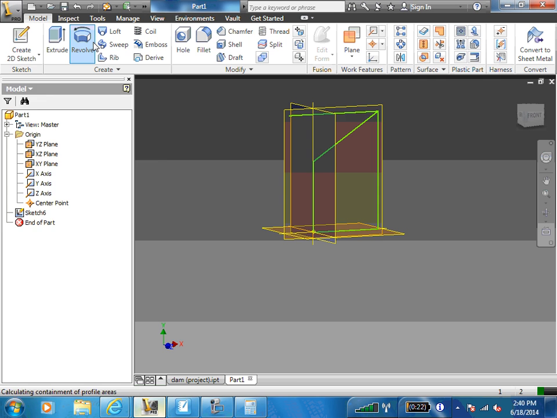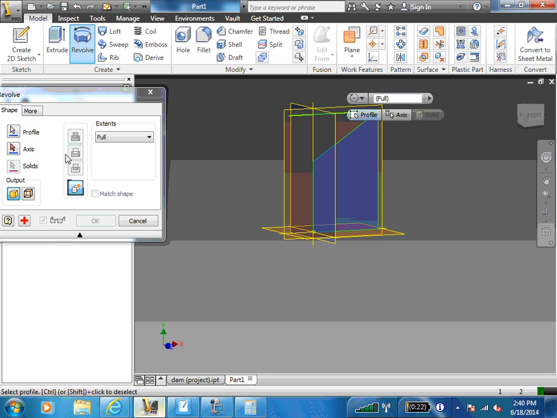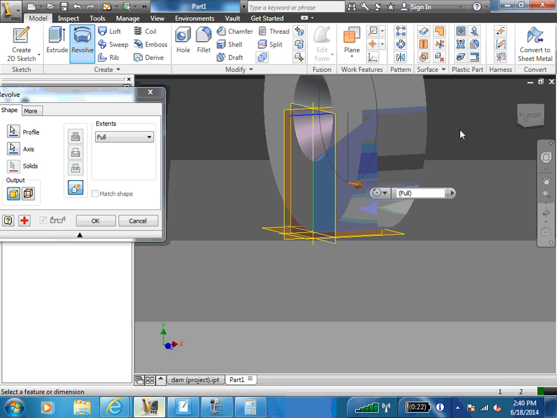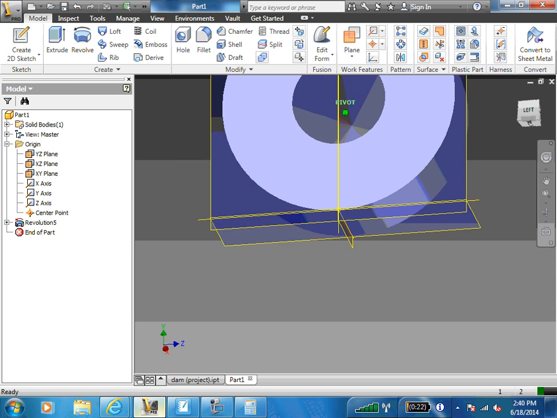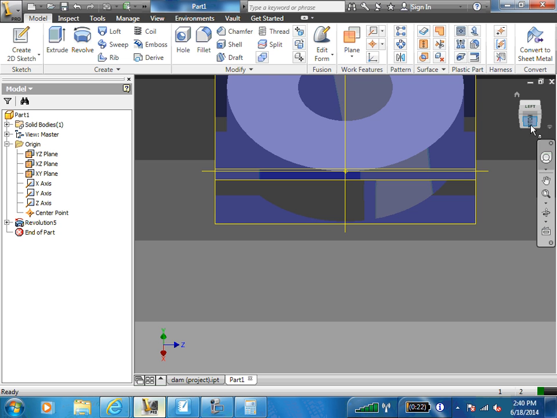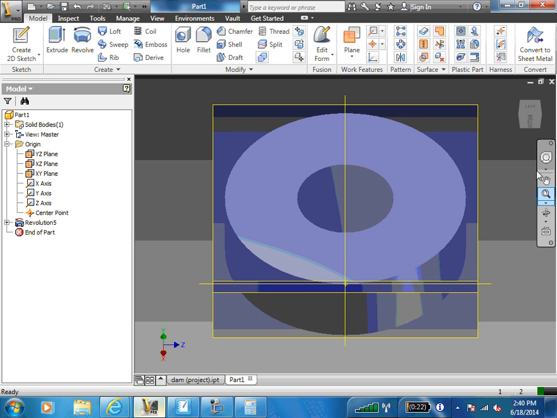So if we take that and rotate it around that, notice there's a hole in there. See that hole?